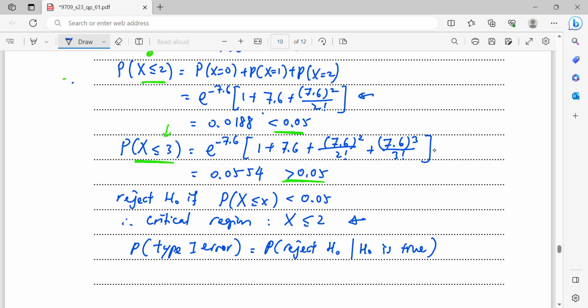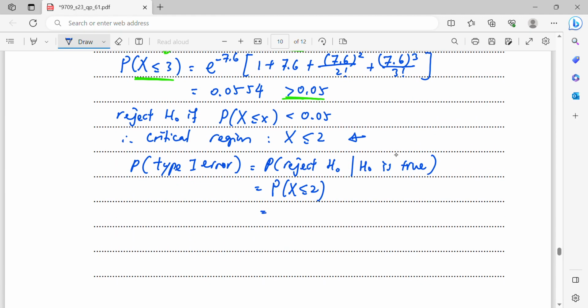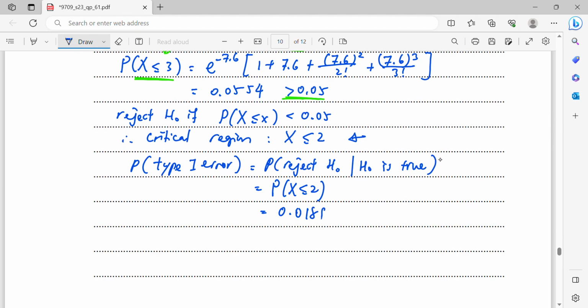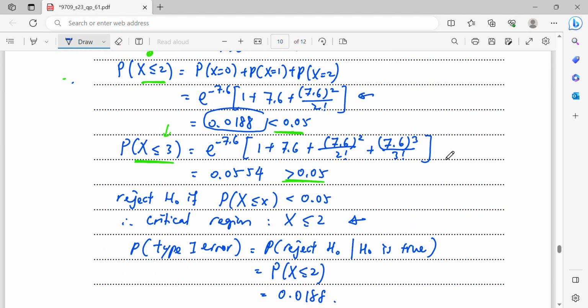Therefore, the probability will be just this value, 0.0188. This is the same as P(X ≤ 2), because that is the critical region, which is 0.0188. That's the probability of a type 1 error.